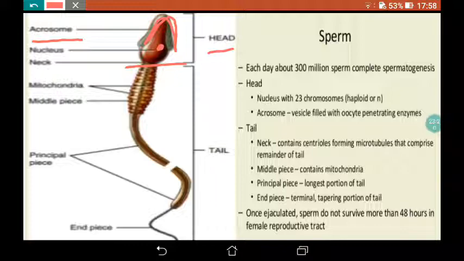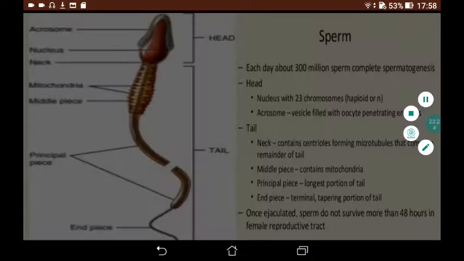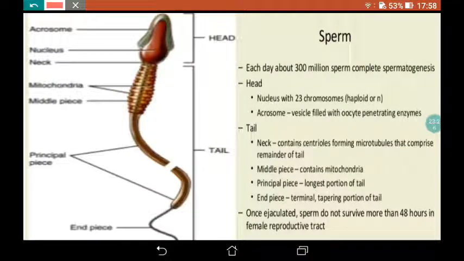Okay, so next to that you find the presence of the next structure. This portion is the middle piece. The middle piece shows the concentration of a large number of mitochondria, so that the mitochondria can provide energy for the sperm to swim.